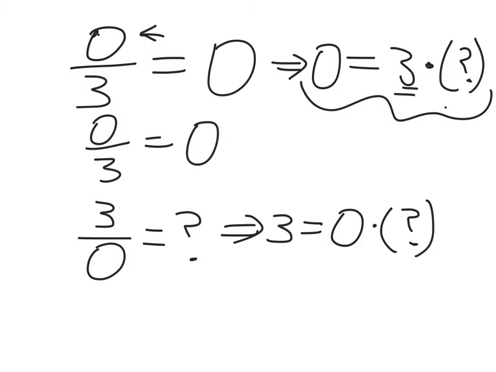There may be some other number out there that will work, but there's no real number. So we define division by 0 as undefined. Now, we've got to be careful with saying anything divided by 0 is undefined, because there's one particular place where that's not true. But we can say 3 divided by 0 is undefined.